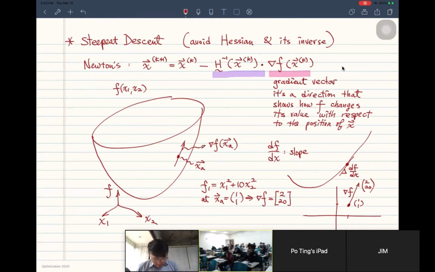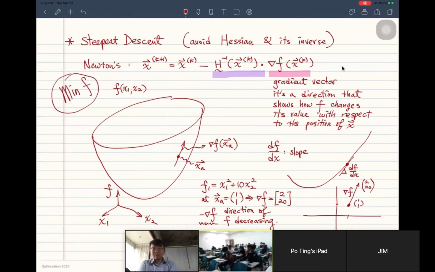So how about the negative gradient? This is the direction of f decreasing, right? And remember, we want to minimize f. So we should try to move along negative gradient. And look at this.